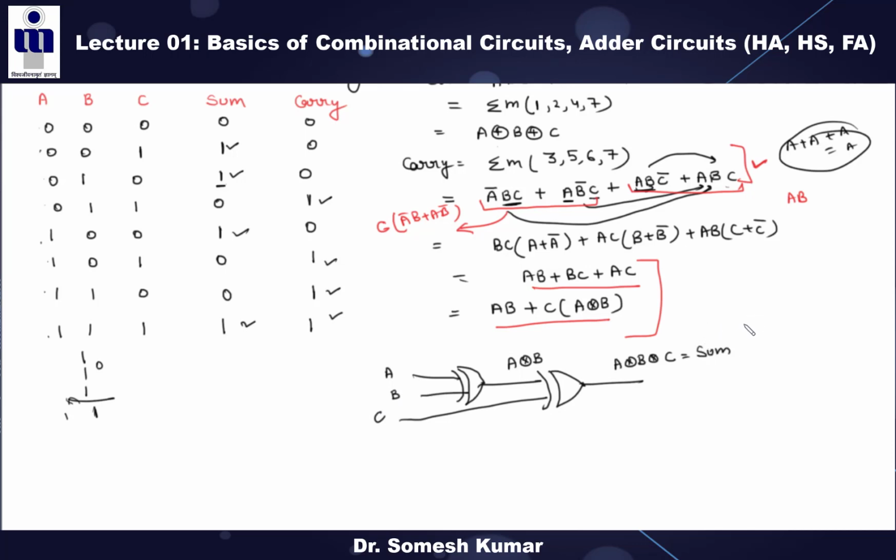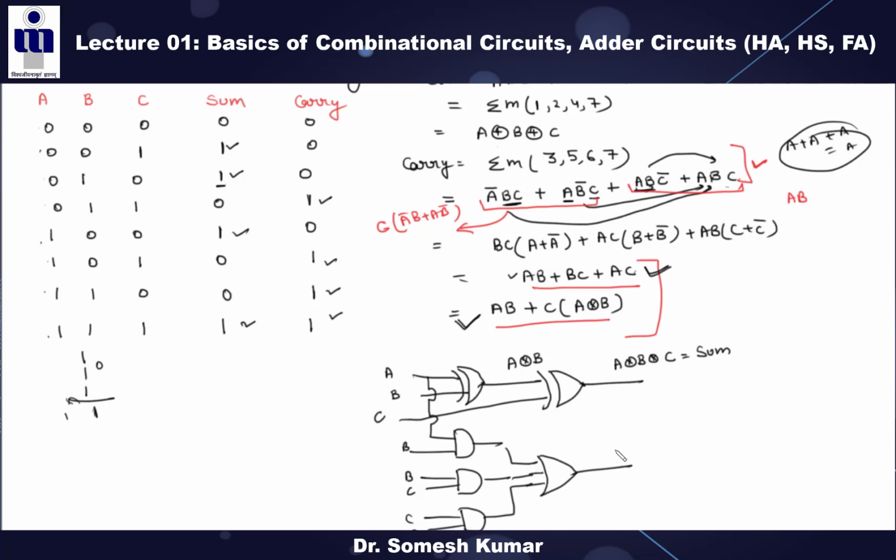What about the carry? You can take this as the carry, also you can take this as the carry, both are correct, right? So we are taking this first simple form. This is AB plus BC plus CA, and all are given to a 3-input OR gate.